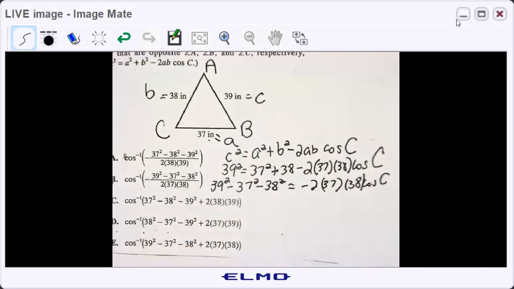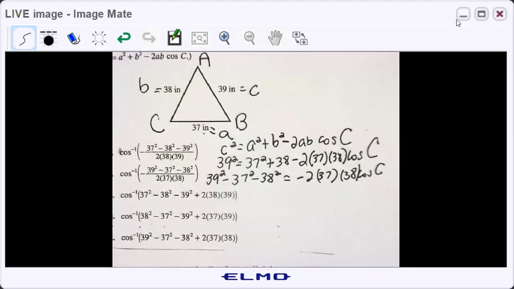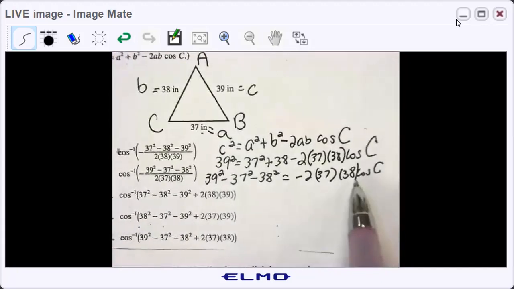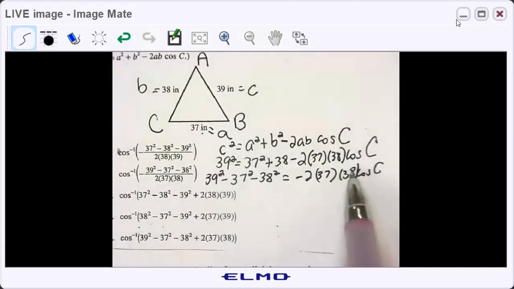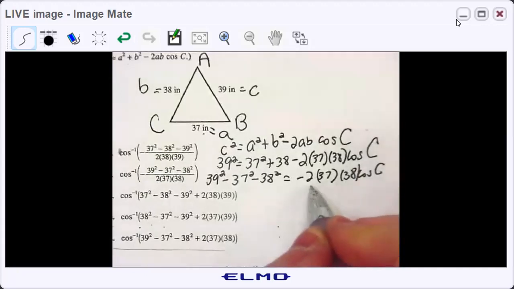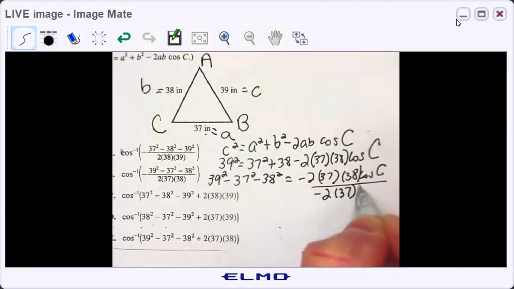Now as we look at what we're going to have to do next to isolate cosine of angle C, it's being multiplied with these numbers, which again, we don't have to take a calculator and figure this big number out. We just need to divide both sides to make it cancel out on the right side.